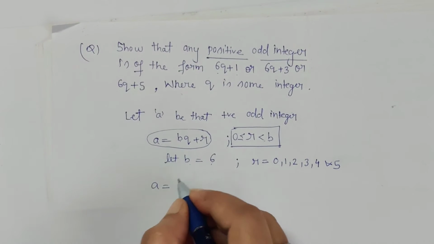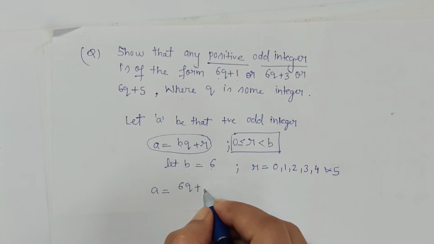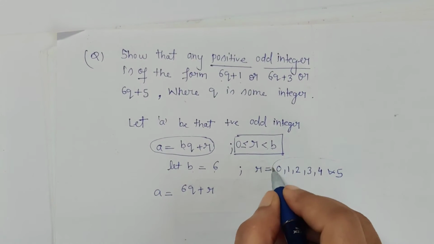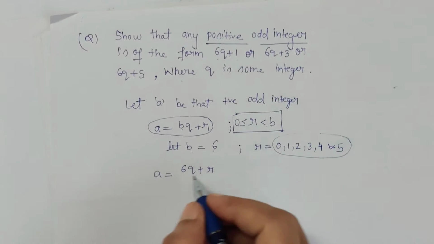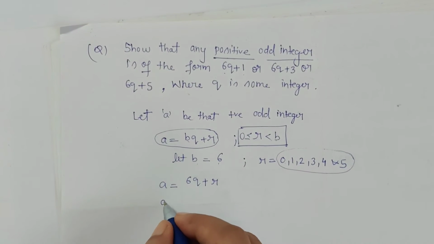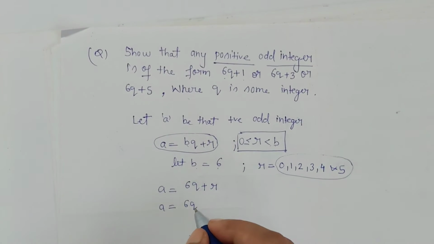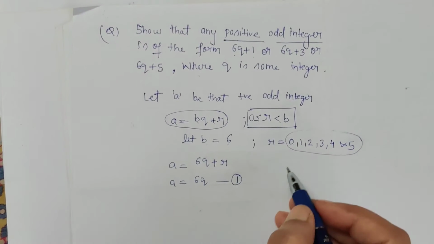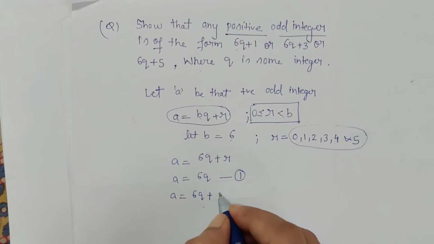Now let's substitute the values of b and r in our equation. So a is 6q plus r. As we have these many different values for r, we will put each one of them one by one in this expression. So a is equal to 6q plus r; if r is 0, this will be the expression 6q. If we choose r to be 1, then a is equal to 6q plus 1.